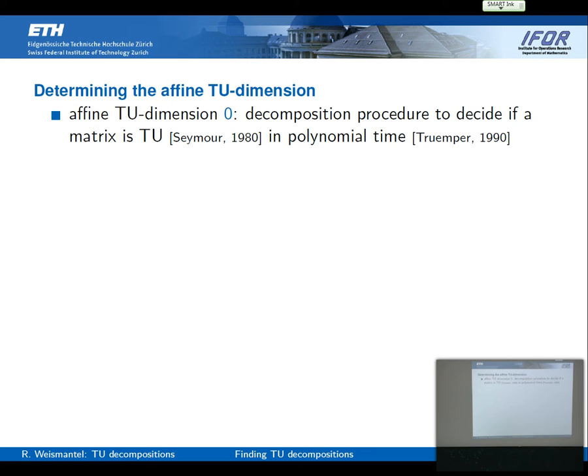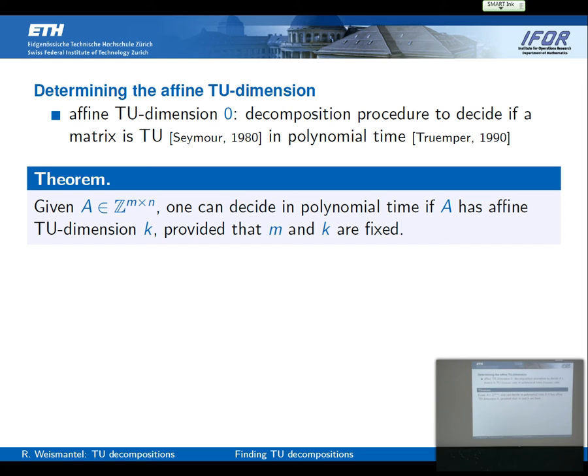So now, with this affine TU decomposition, a very natural question is, how would you try to get to such a TU decomposition? And indeed, when the affine TU dimension is 0, there's this beautiful theory developed by Paul Seymour and by Klaus Truemper on recognition and decomposition of these TU matrices. This is a machinery that we have at our disposal.